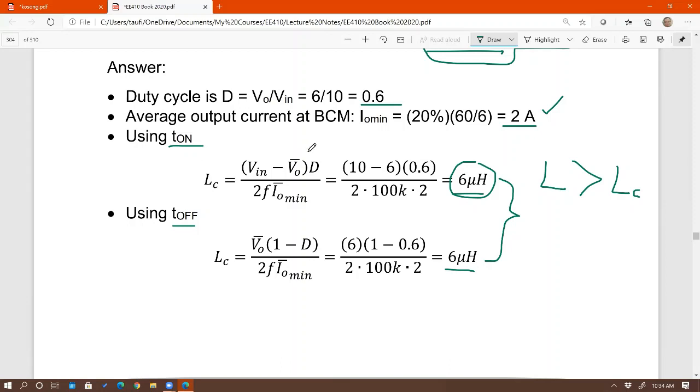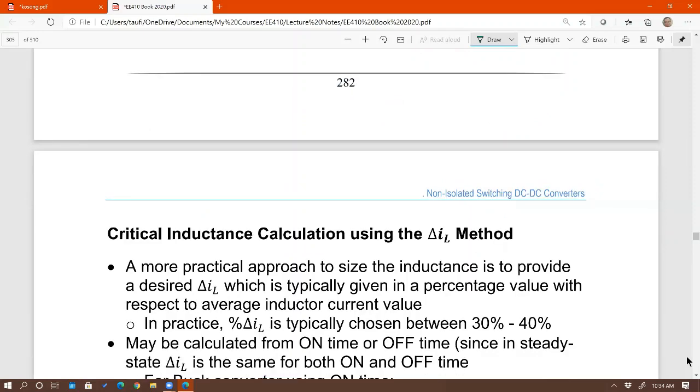This equation is based on ideal, no losses at all. So make sure that you pick something larger than the calculated inductance value. So I would maybe, I don't know if there's a 7 micro or 8 micro Henrys that you can purchase, but anything larger than 6 micro. Okay. Any questions? All right.